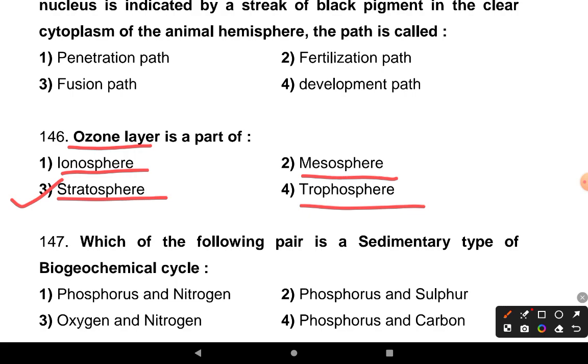Ozone layer is a part of stratosphere. From Earth, when we go up, first is troposphere, then stratosphere, then mesosphere, then exosphere plus thermosphere. So ozone layer is part of stratosphere.